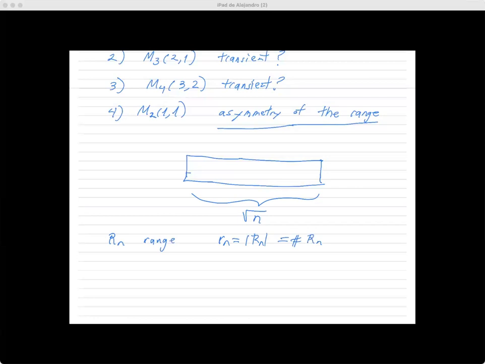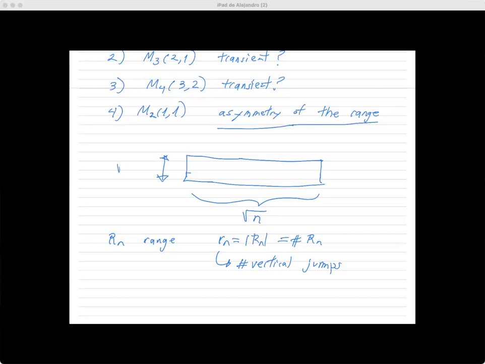As I say, the number of vertical movements is equal to Rn. On the other hand, the movement that the random walk makes vertically is balanced, so it can jump up or down with the same probability.